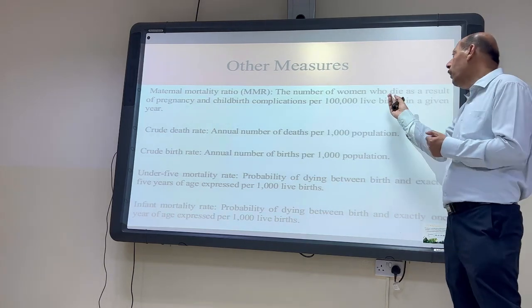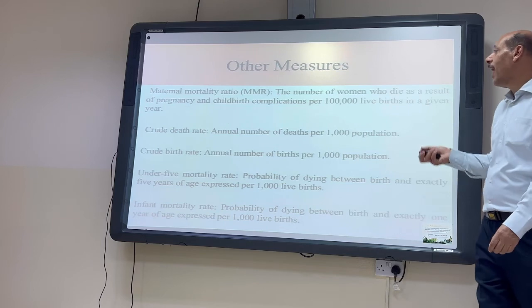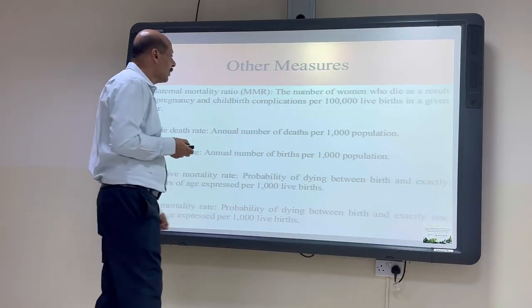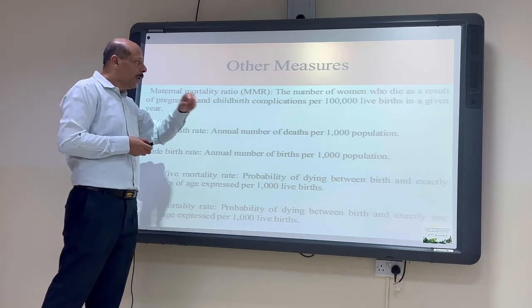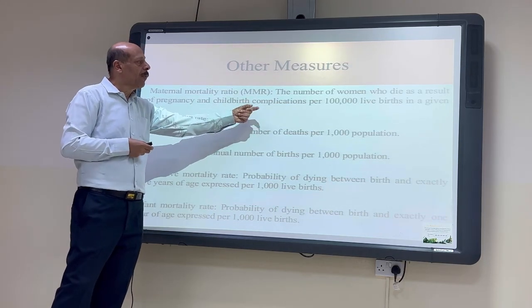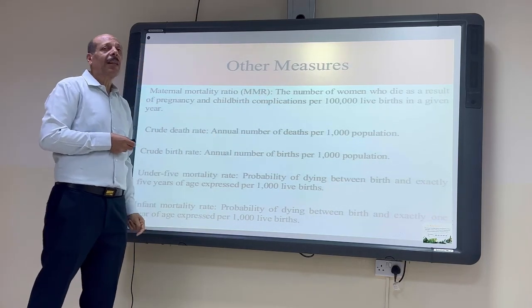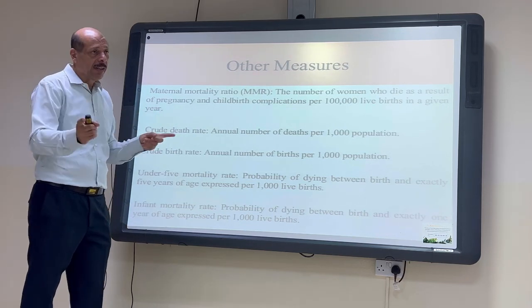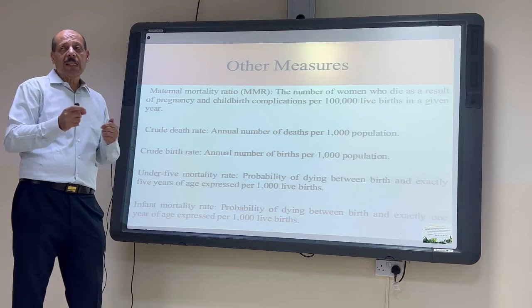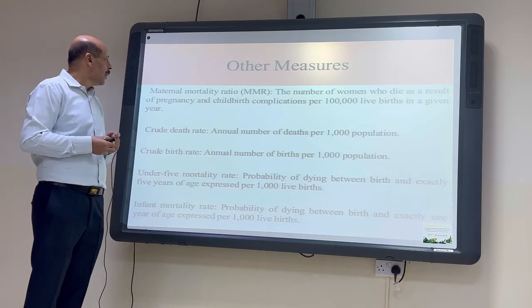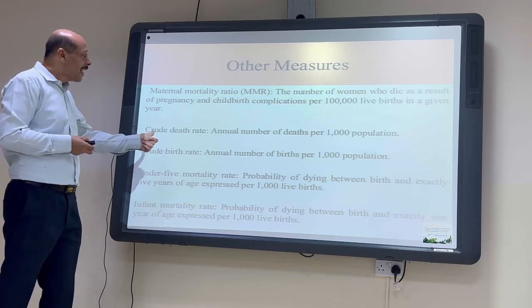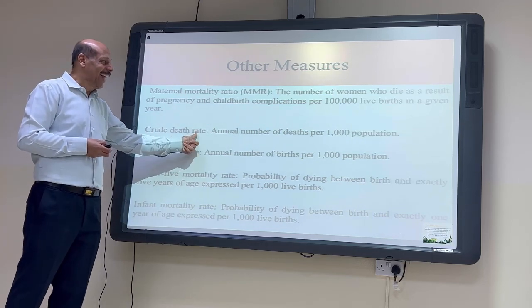So it is the number of women who die as a result of pregnancy and childbirth complications per 100,000 live births in a given year. So this is the maternal mortality rate.